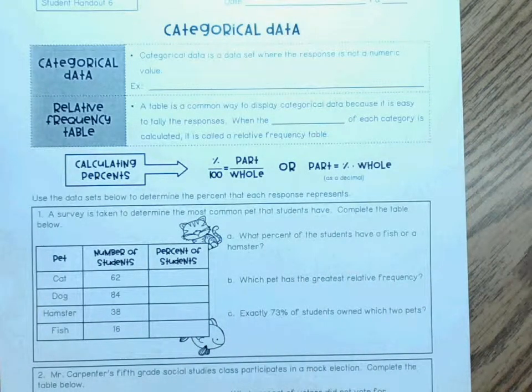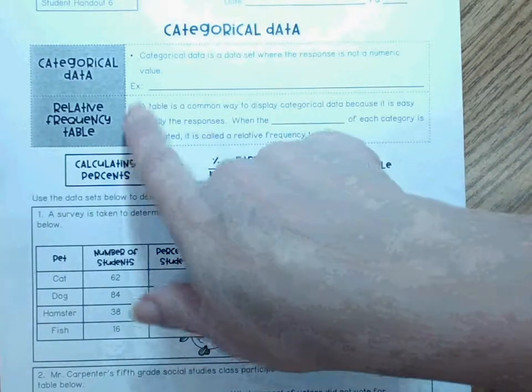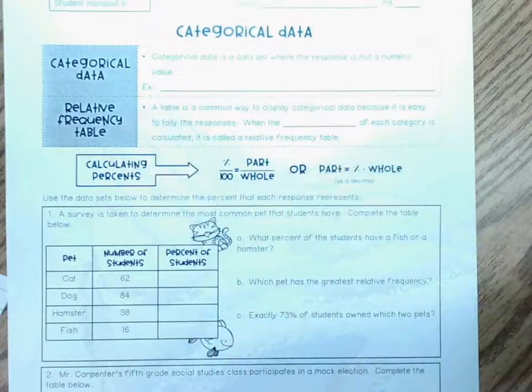What's one that's out there? Yes? Action. Sci-fi, drama, mystery, romantic comedy. Yeah. So if you're looking at that kind of data, it doesn't have a number with it, so therefore it's categorical data. So write a couple examples down on the example one.